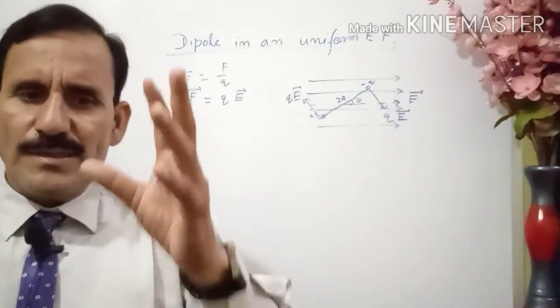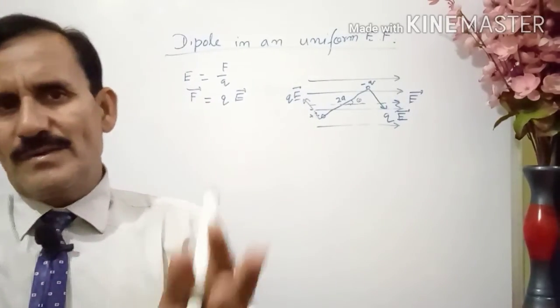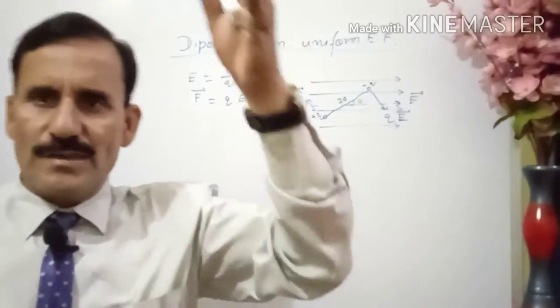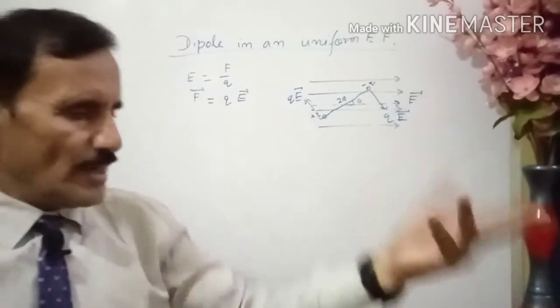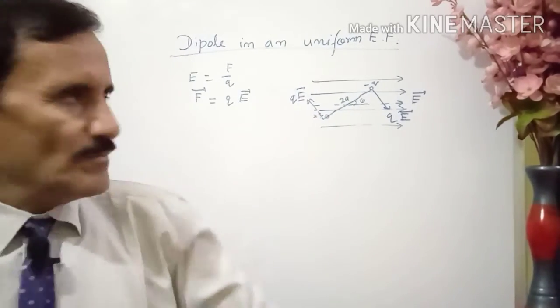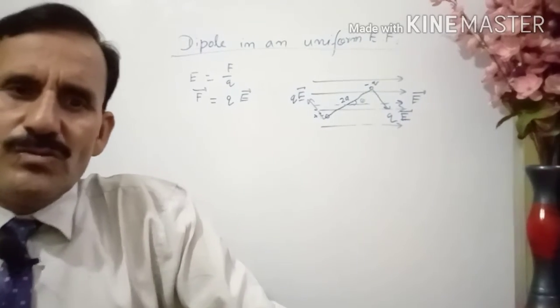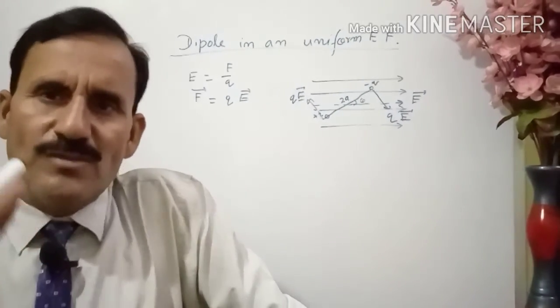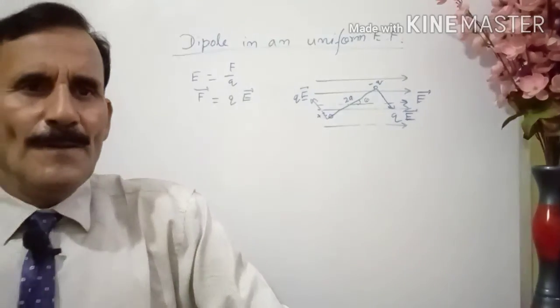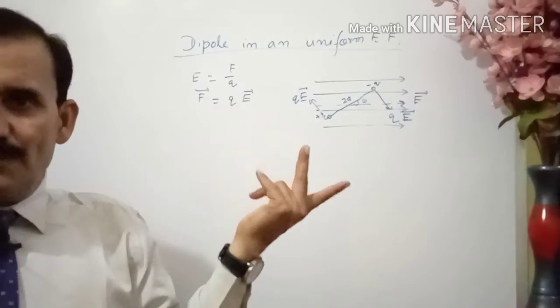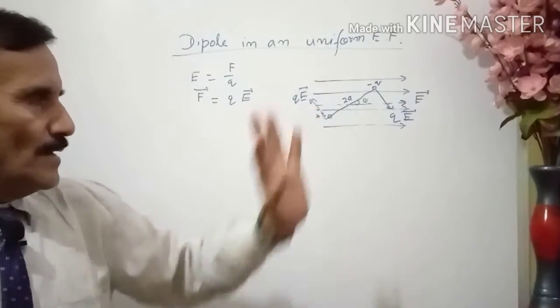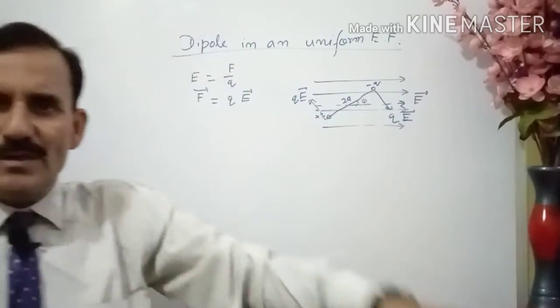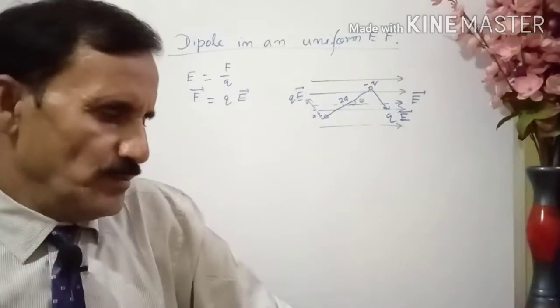What is the tendency of a couple? A couple always tries to rotate the dipole. So the dipole starts rotating because of the couple. Thus, when an electric dipole is placed in a uniform electric field, a couple always acts upon it, which rotates the dipole.